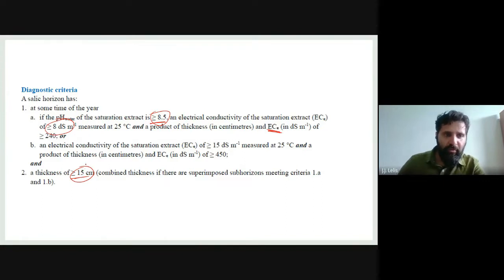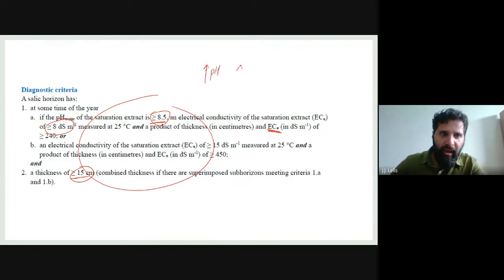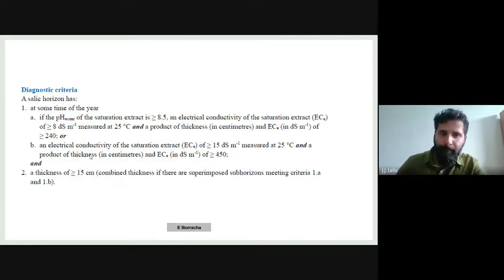So it's a soil that presents a high pH, a high electric conductivity, and at least 15 centimeters of thickness. It's also formed in arid and semi-arid regions by the concentration of salts in surface or subsurface horizons.